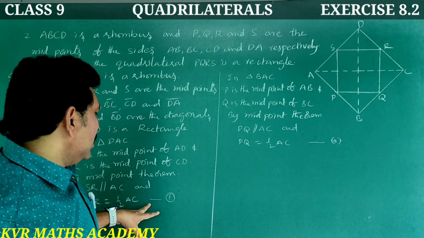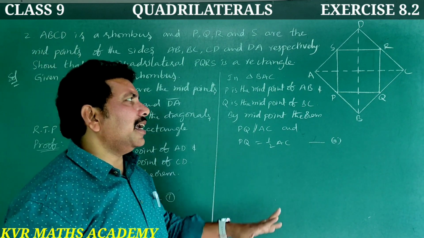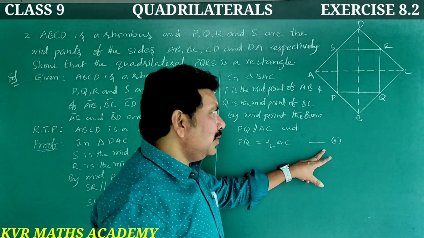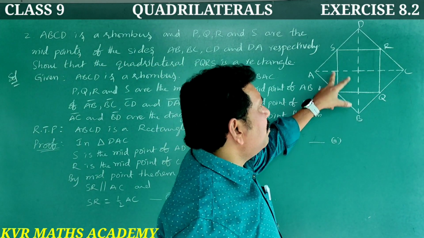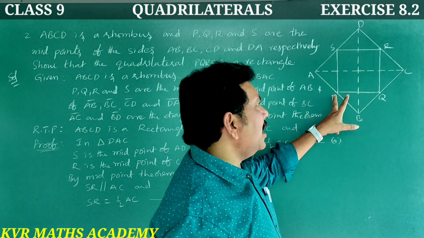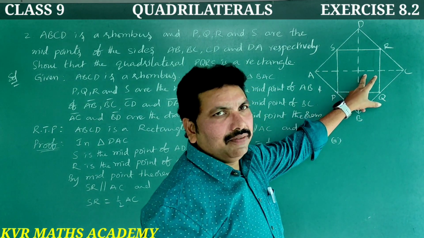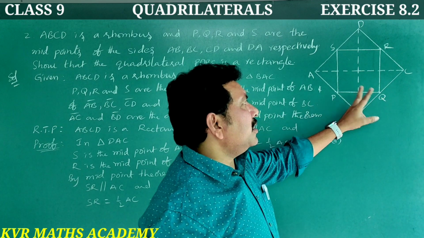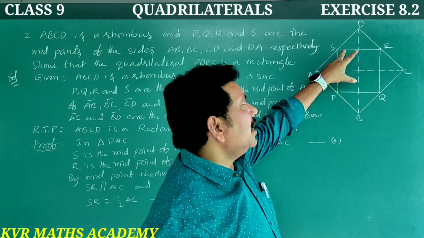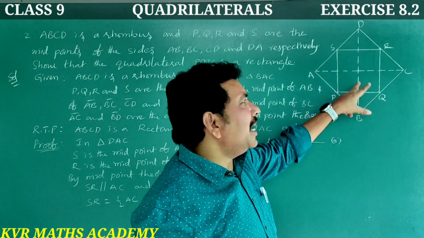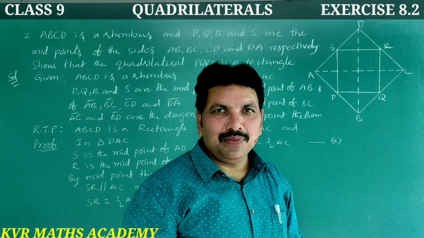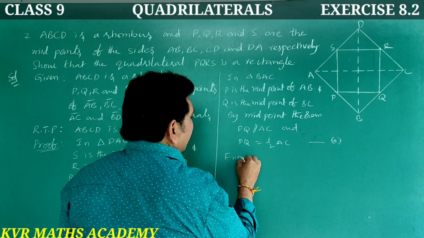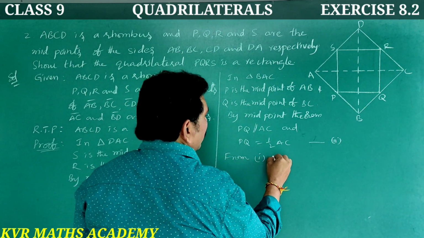From equations 1 and 2, what can you say clearly? SR is parallel to AC and PQ is also parallel to AC. SR is equal to half of AC, PQ is equal to half of AC.